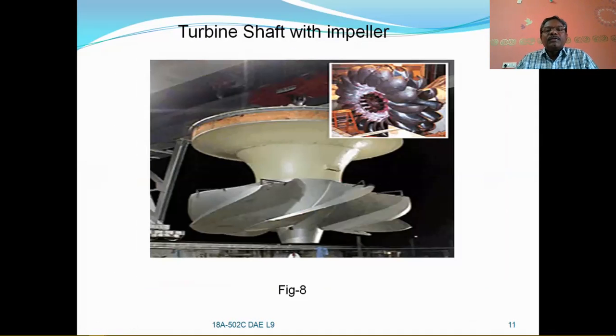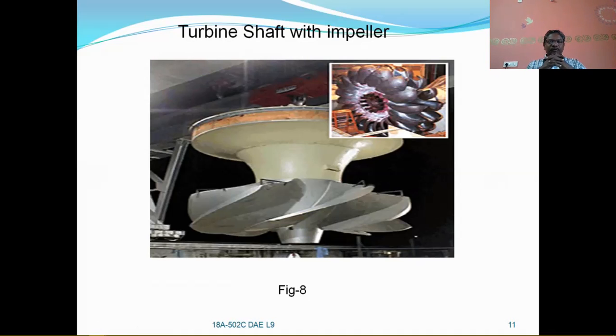A number of blades are mounted over the shafts so that we can convert water energy, hydraulic energy, into mechanical energy and then into electrical energy. These are some of the applications in bicycles, gear pumps, turbines, propeller shafts, etc. In all these cases we are going to use the shaft.